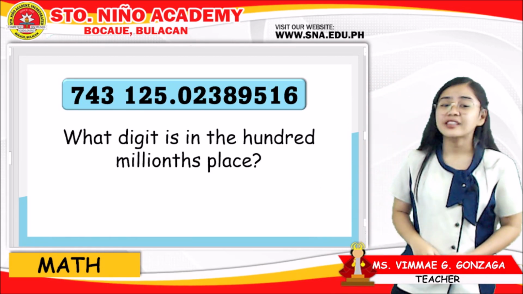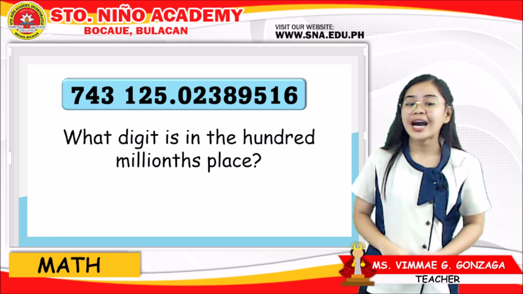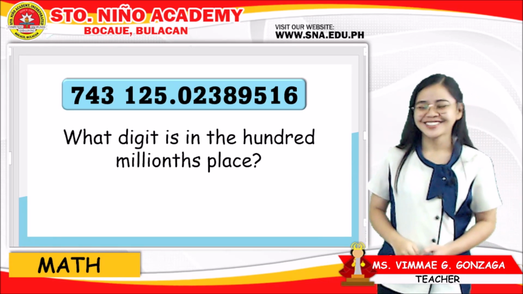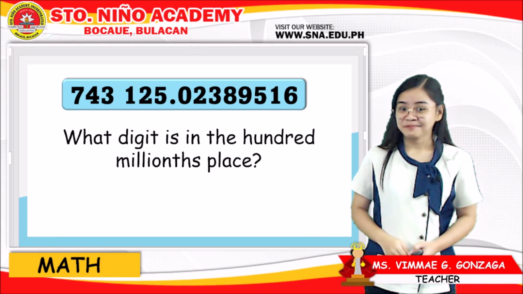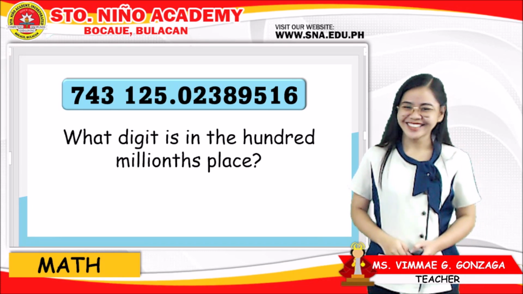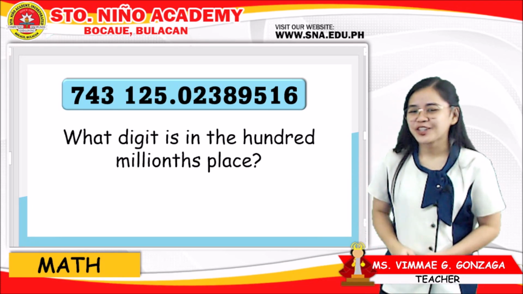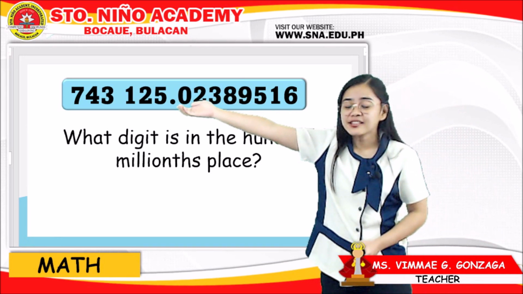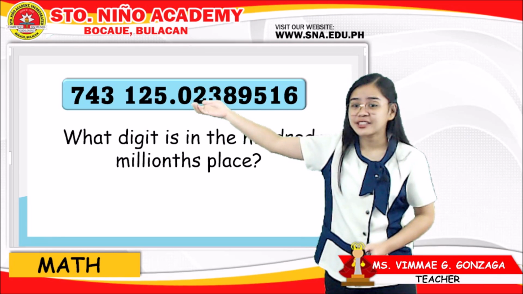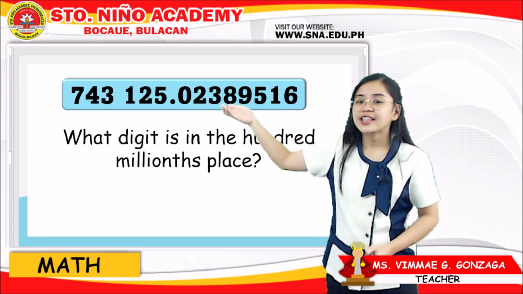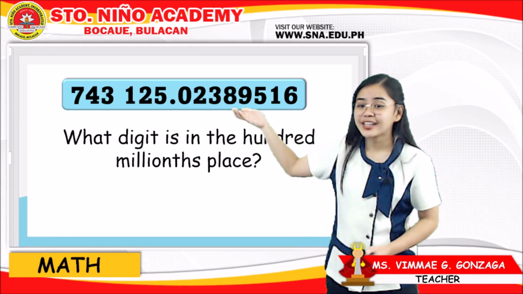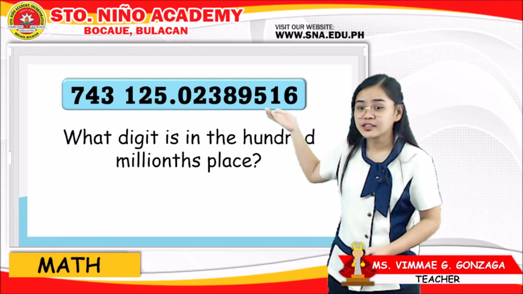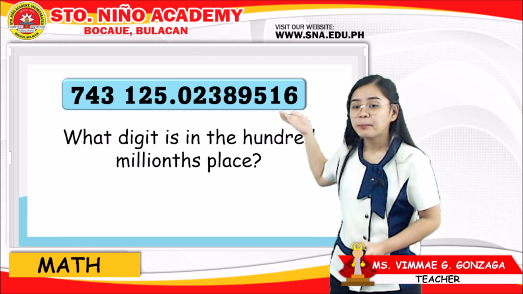Next, what digit is in 100 millions place? Are you sure? Let's check your answer. 100 millions place, mga anak. Tens, hundreds, thousands, 10,000, 100,000, millions, 10 millions, 100 millions.